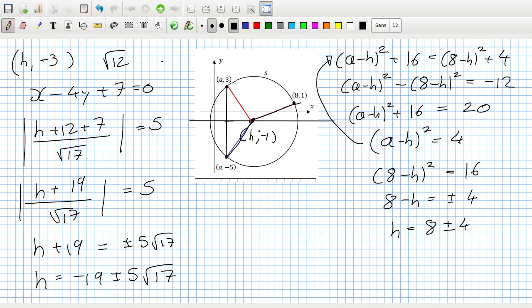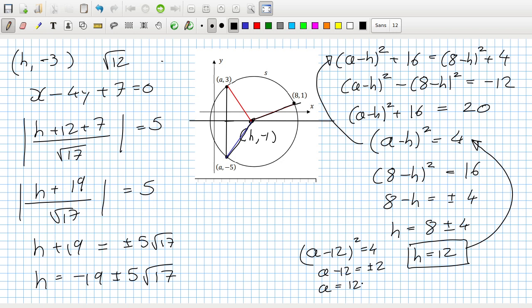So it's obviously on the right, so h is 12. I can sub that in to get the a. So I have a minus 12 squared equals 4, so a minus 12 equals plus or minus 2. So a equals 12 plus or minus 2.